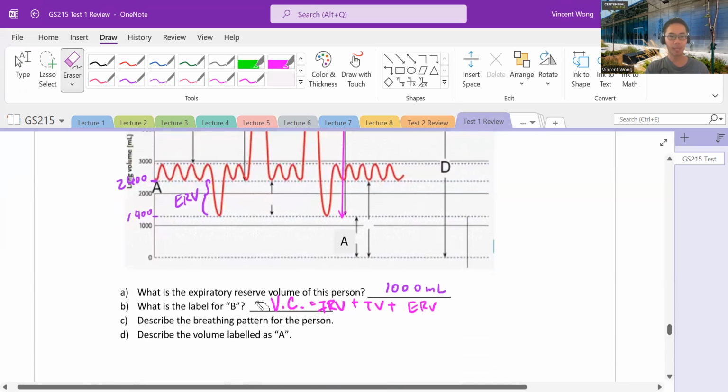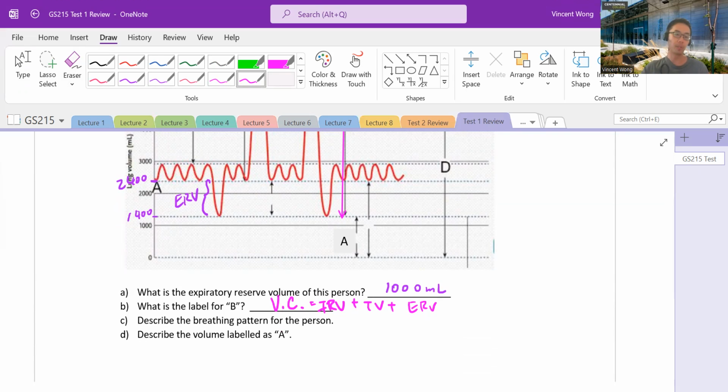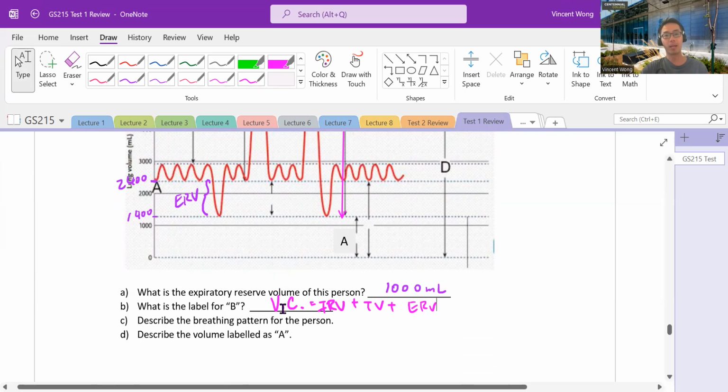Remember, your vital capacity will not change, even if you change your physical state of activity. Whether you're lying down or running around doing a marathon, it doesn't matter. Your vital capacity remains the same, but these things might change accordingly. If one goes up, the other must go down to maintain the same number.